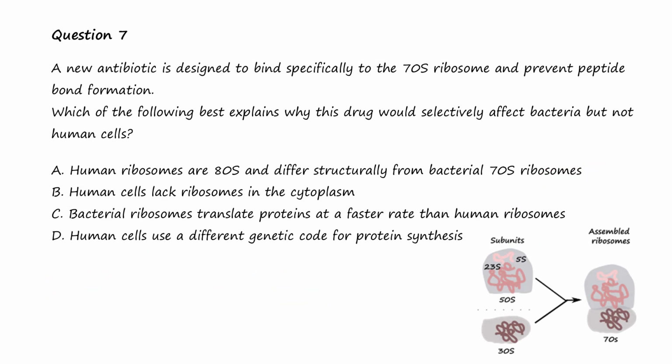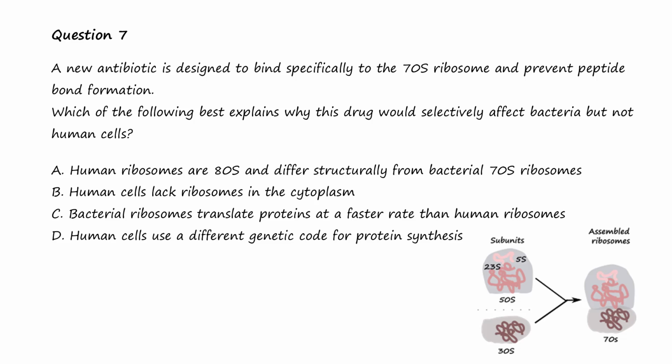Question 7. A new antibiotic is designed to bind specifically to the 70S ribosome and prevent peptide bond formation. Which of the following best explains why this drug would selectively affect bacteria but not human cells?